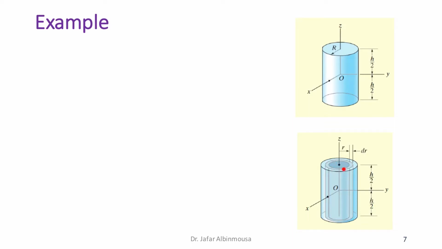So this is the shell element. It has a radius r and a differential thickness dr, and the height we will keep it h. And if we want to write down this volume shell element, it's going to be dv is equal to 2 pi r multiplied by h and then by dr.